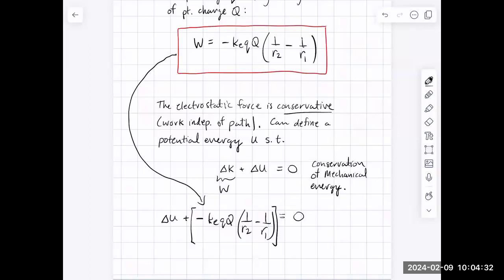And of course, all we need to do in order to find this change in potential energy is move everything that's not delta U over to the right-hand side.